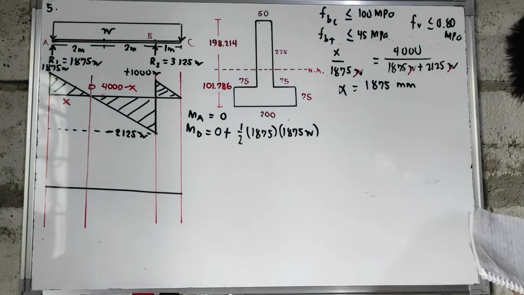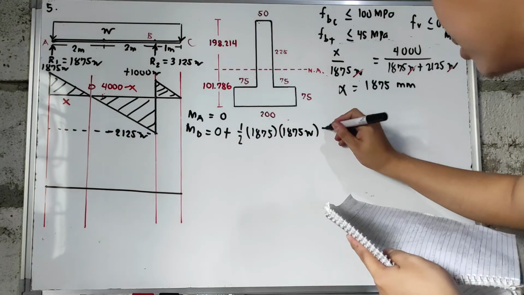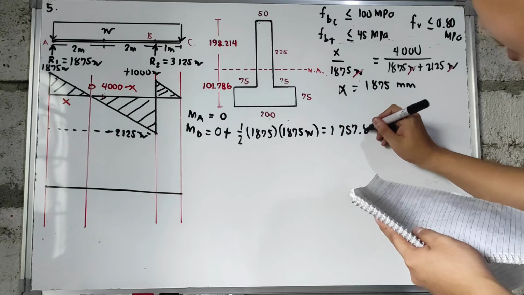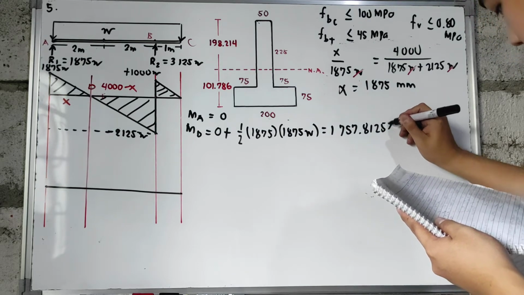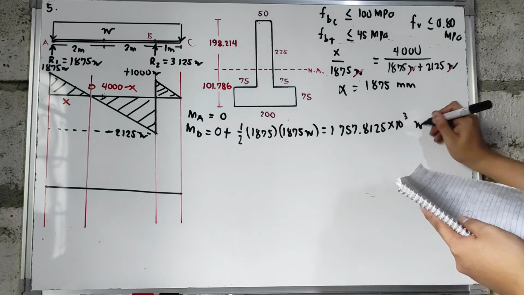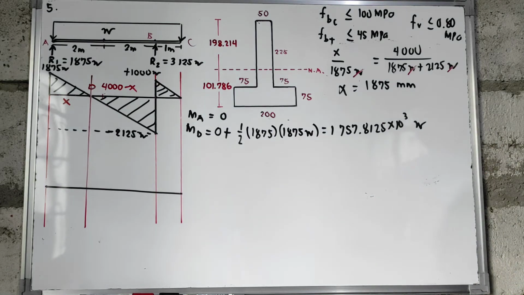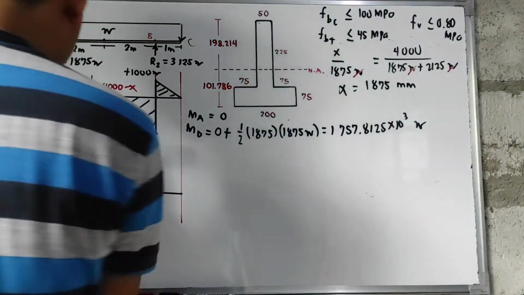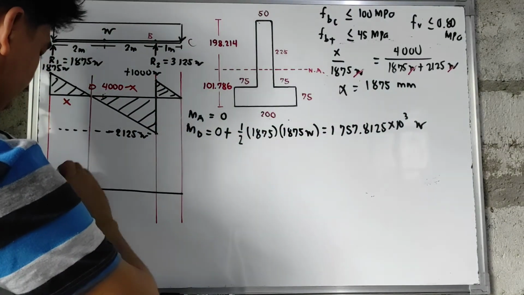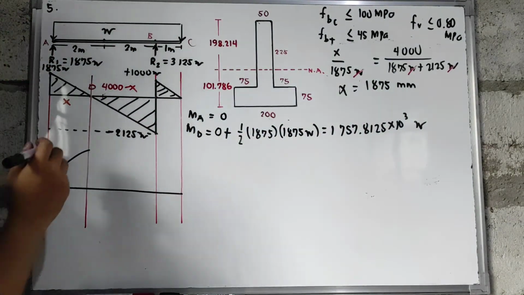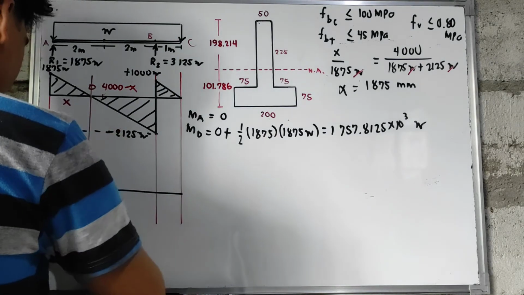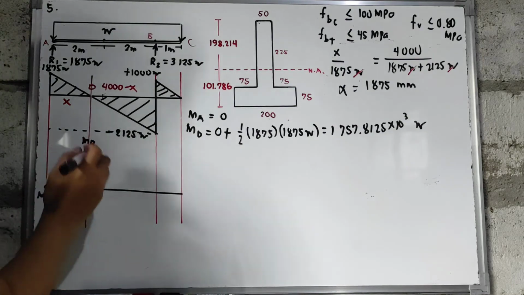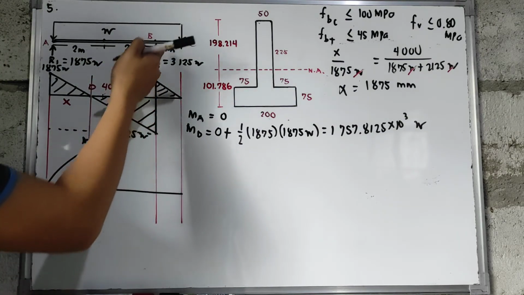So the value of MD is now equal to 1,757.8125 times 10 raised to 3 W. Since the value of our shear is decreasing, the diagram is sad face. So, this is the value of our MD.